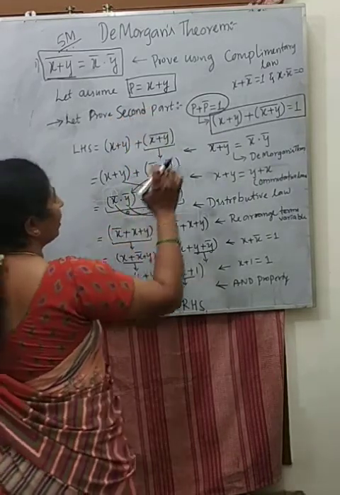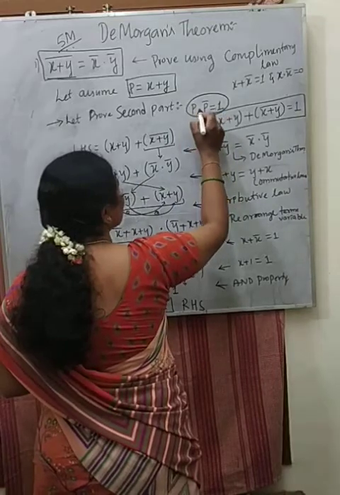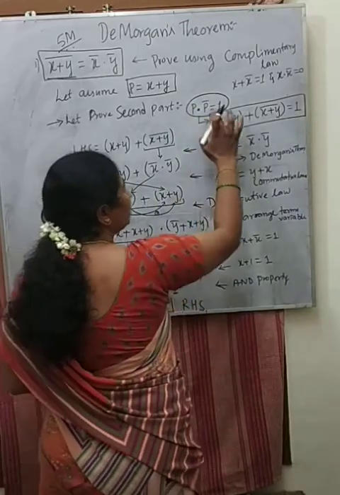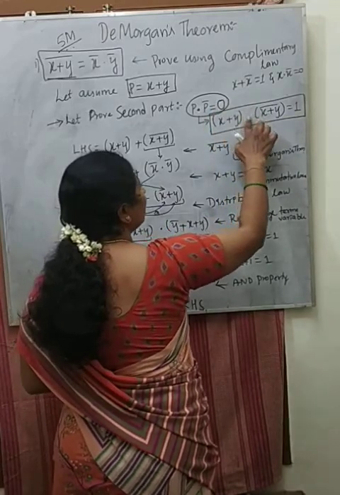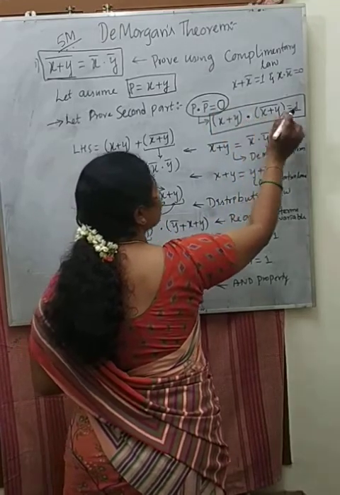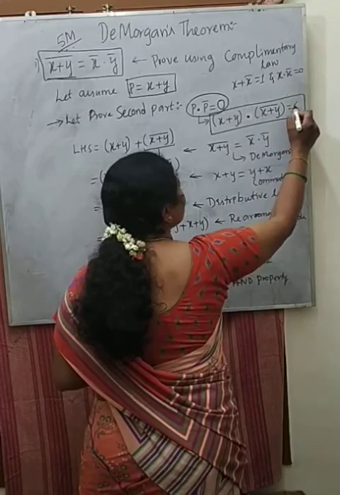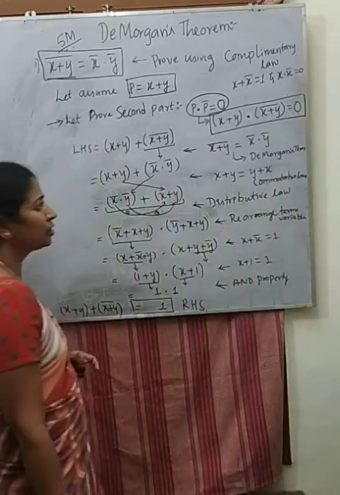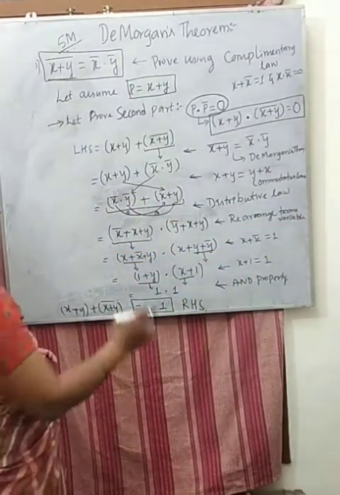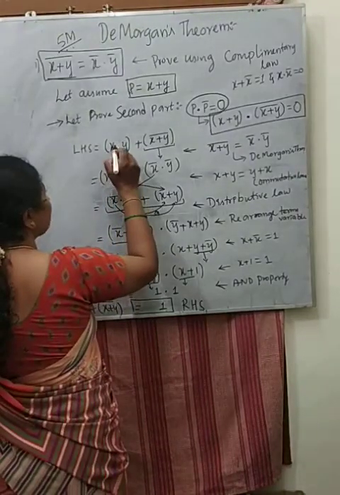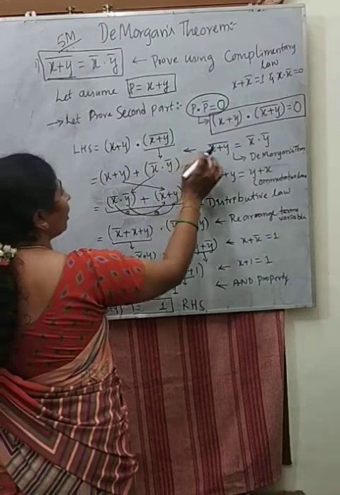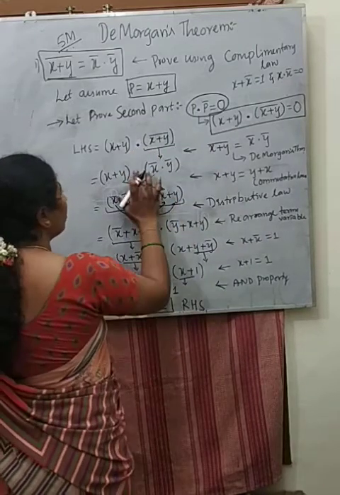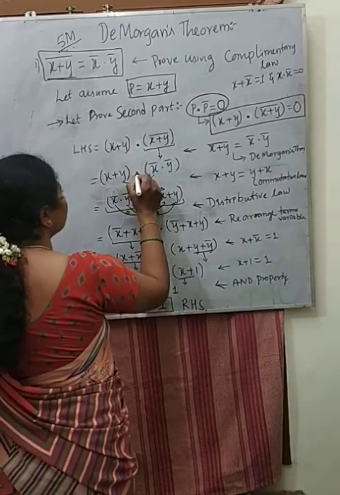In the second part, your plus is replaced with dot, that is equal to 0. Only here it gets changed. Please notice over here. And this we need to prove as 0. Then take the first part, the LHS part. Apply your De Morgan's theorem. What will you get?